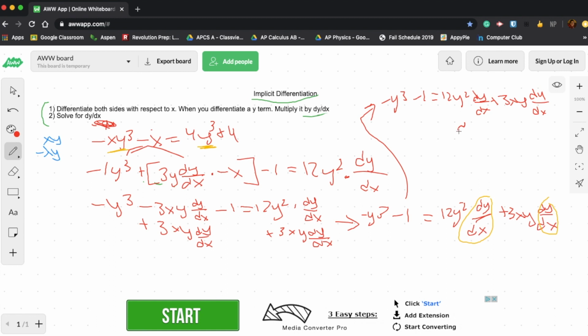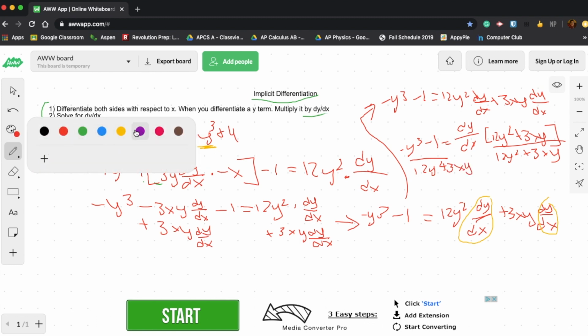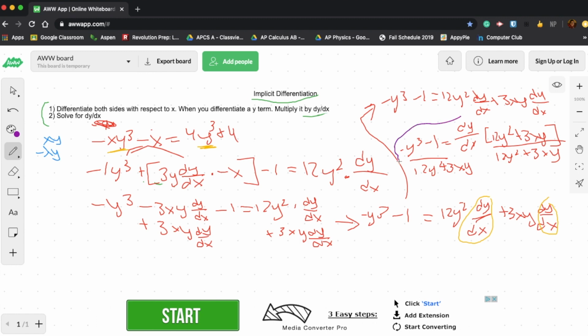Now what you do, factor dy/dx. Alright, and then you divide by this value. And right there, folks, is your answer to this problem. dy/dx equals negative y cubed minus 1 over 12y squared plus 3xy squared. That is a squared, by the way.